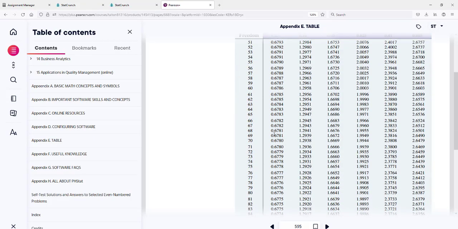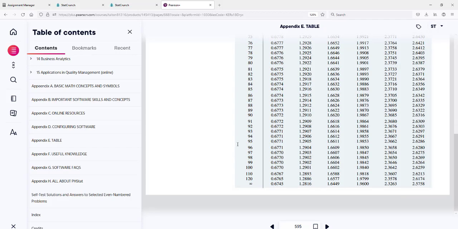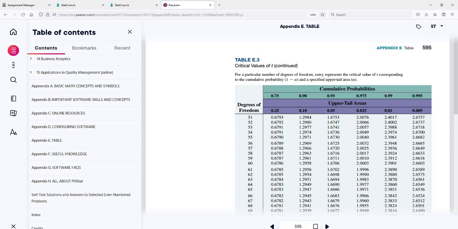We got the degrees of freedom here, and we want to go to 99. I don't know if you guys can see my mouse. It's 99. And then we want an upper tail of 0.025, because we took 0.05 and divided it by 2. So my upper tail and my lower tail will be 0.025.